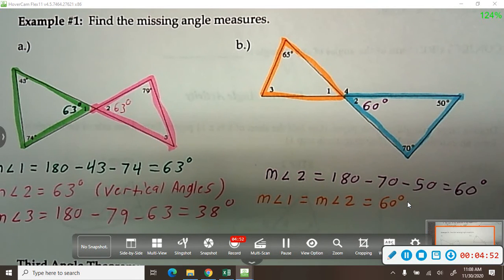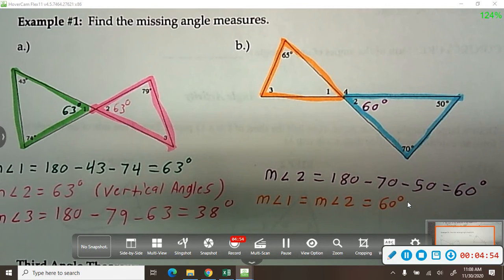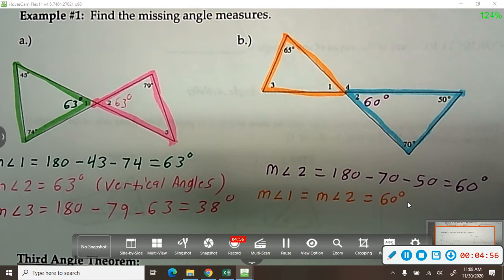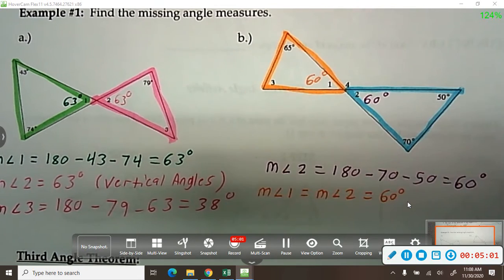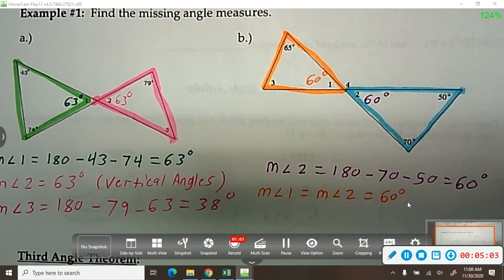And how do I know that? You don't have to list it right now, but if someone asked you, you'd say because they're vertical angles. So now I know this is 60. And now I can find angle 3.